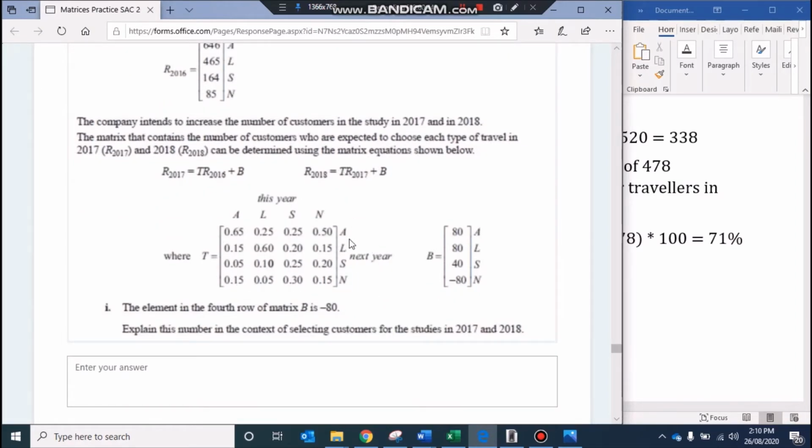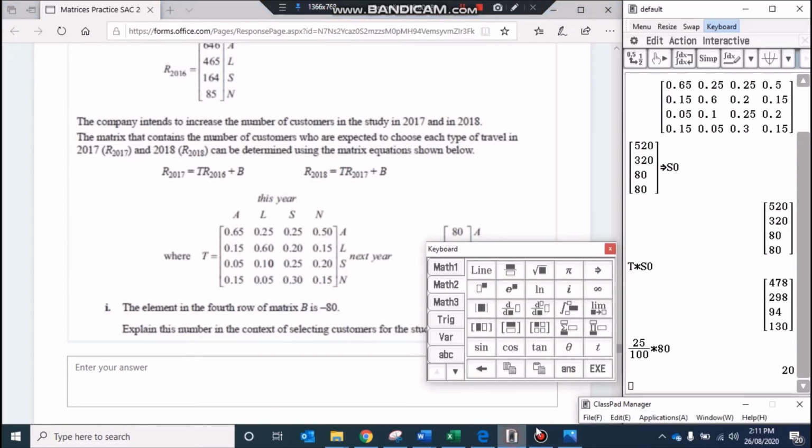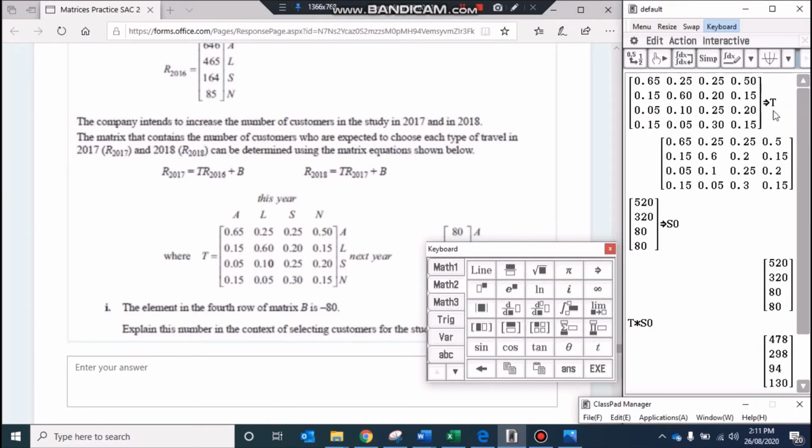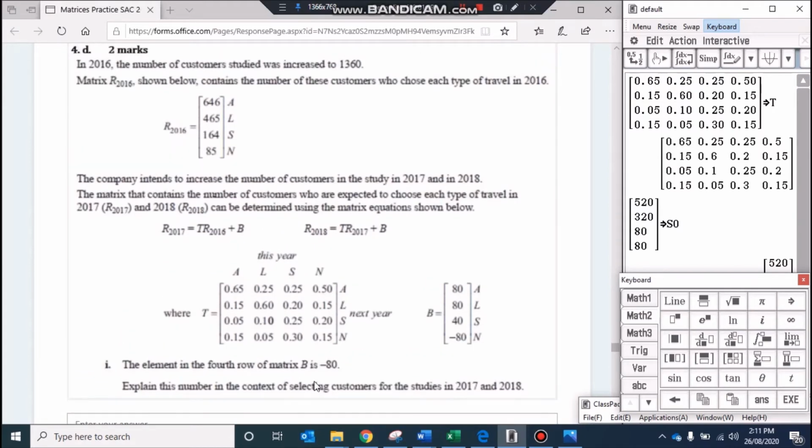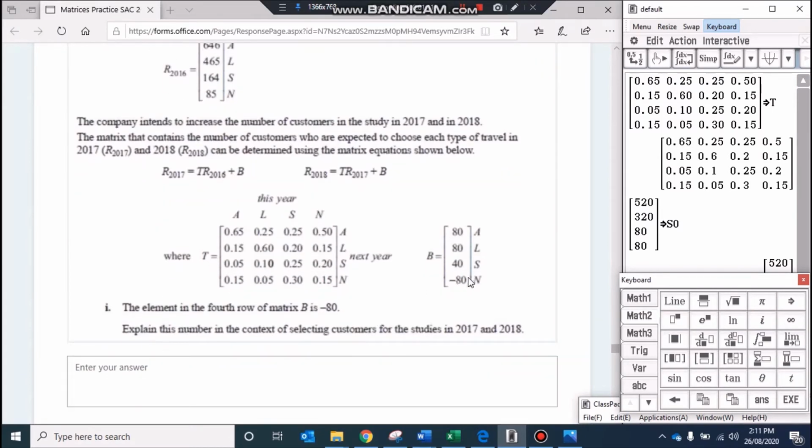We've got the same T matrix. That's another reason why it was handy for me to actually define this as matrix T, because I can use it again. And now we've got this new B matrix. We've got the element in the fourth row of matrix B is -80, so that's here.